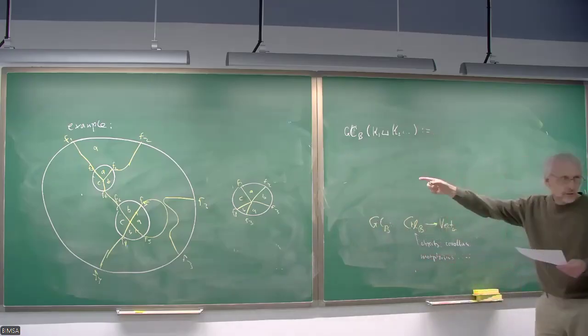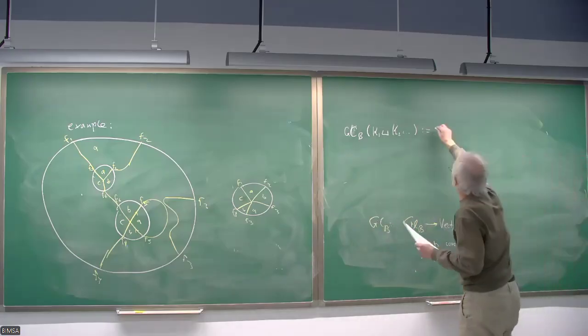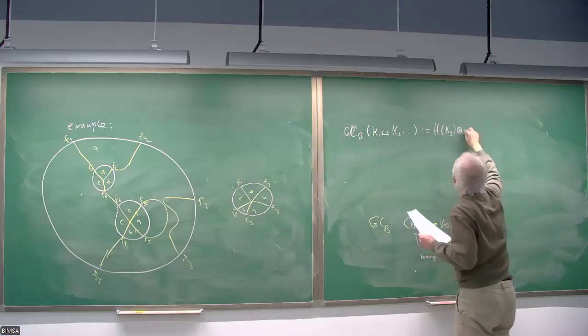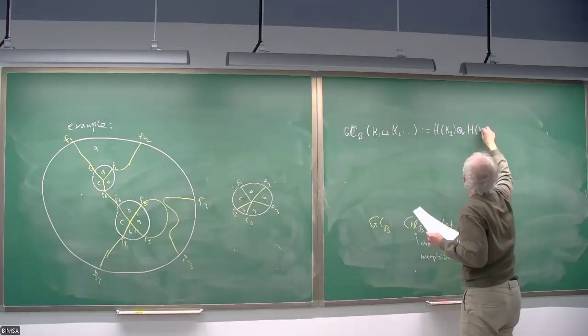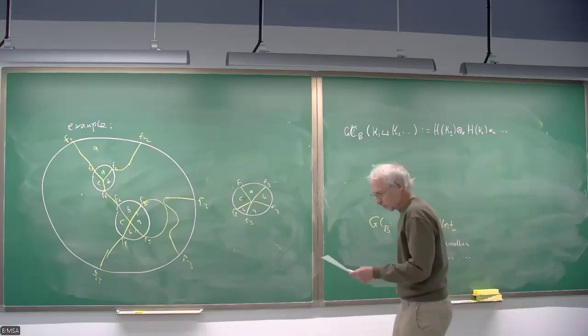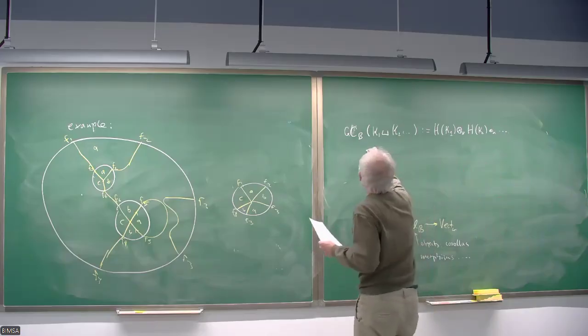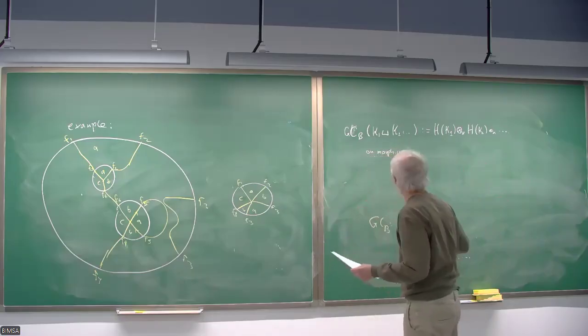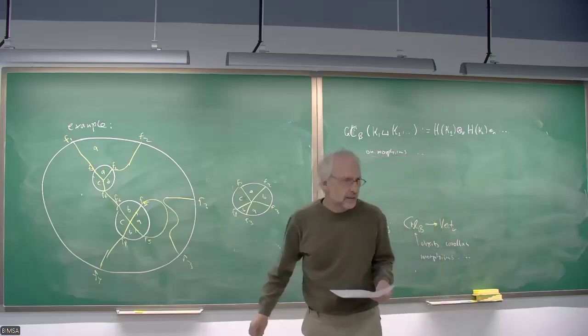To each of them I have associated a vector space H already, and I just take the tensor product of those. And on morphisms, again rather lengthy.